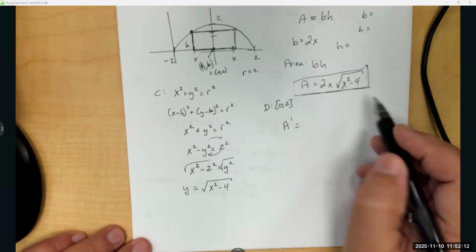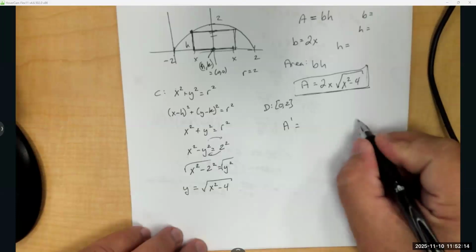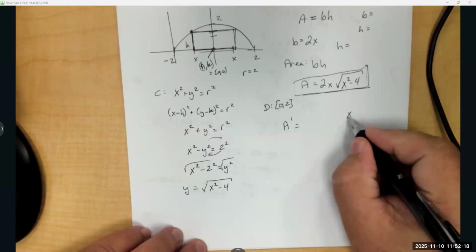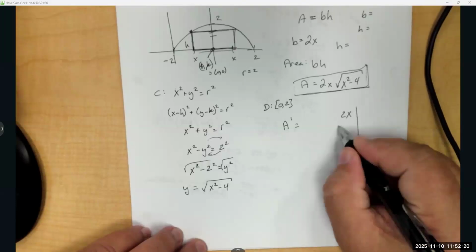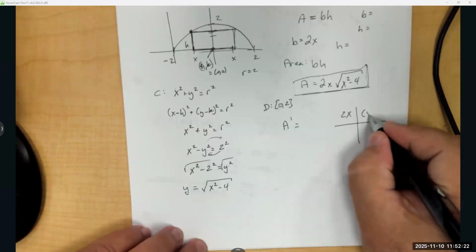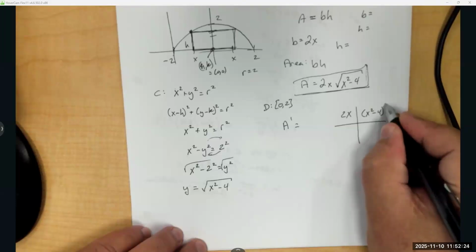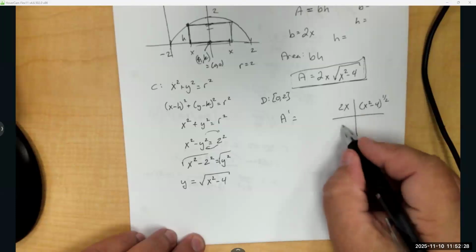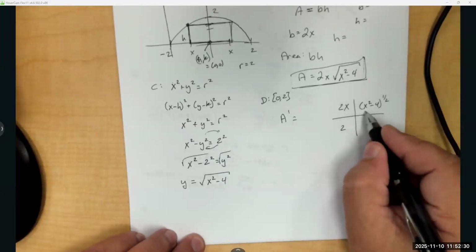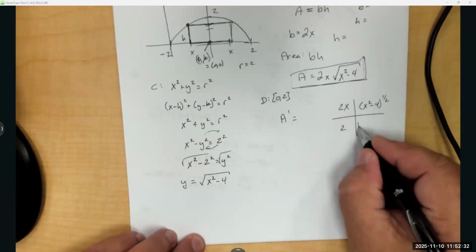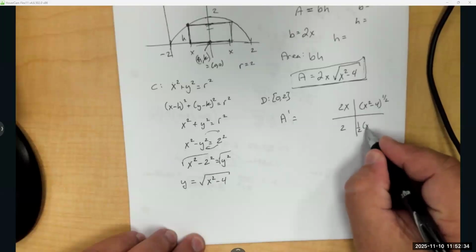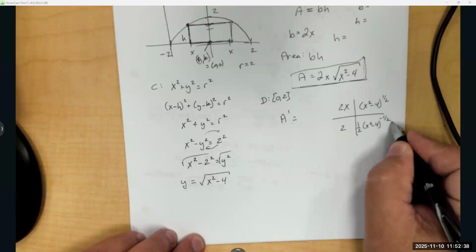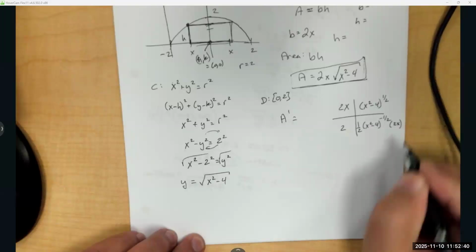Unfortunately, we have a product rule here. A little bit more than that, because this is going to be 2x times x squared minus 4 to the power 1/2. So the derivative of 2x is 2. The derivative of this, we use a chain rule. Times 2x.